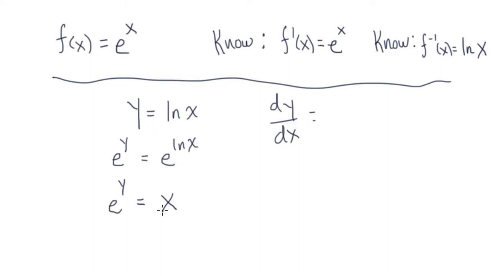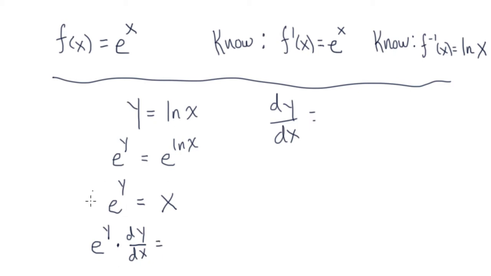And now I can just apply implicit differentiation. Now we did this in general before, but I think it's good to see how it goes in a very concrete example. So the derivative of e to the y with respect to x is e to the y, but because I'm thinking about y as being a function of x, I need to multiply, use the chain rule, dy dx.